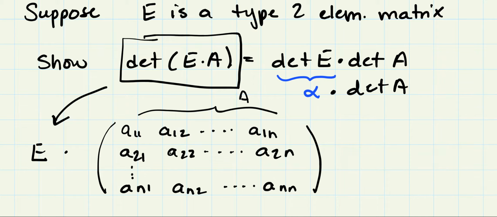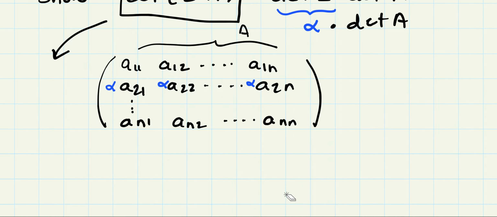Well, I'm going to choose one of these rows and multiply it by alpha. So let's say it's the second row. It doesn't matter. You're going to take the kth row and multiply everything in that row by alpha. And what we're going to do is take the determinant of this matrix going along the row that we multiplied by alpha. So that's what E does.